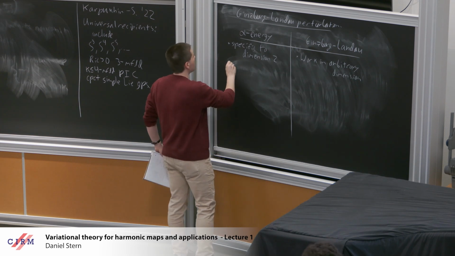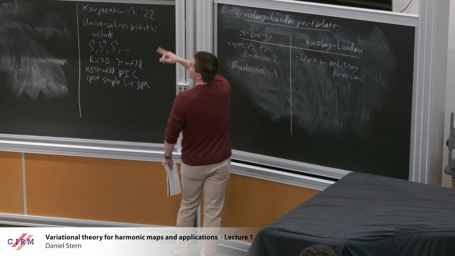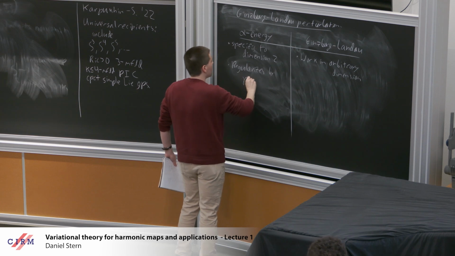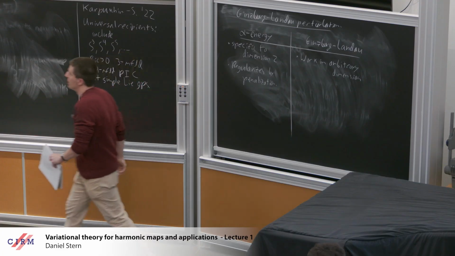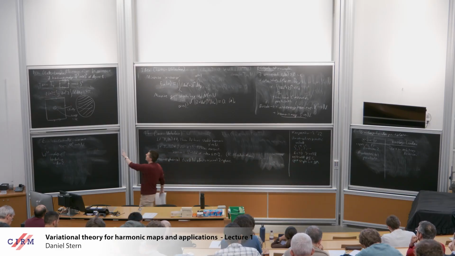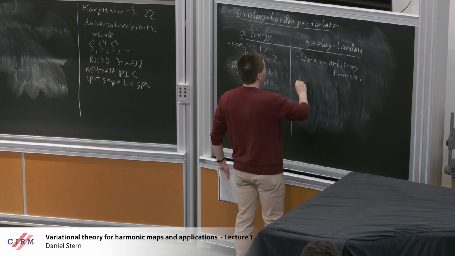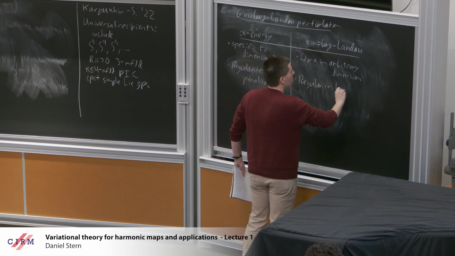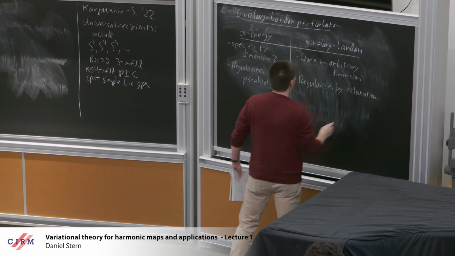So the alpha energy regularizes, it gets rid of your bad singular formation bubbling behavior, by penalization. So if you're doing some variational methods for your alpha energy, and it sees you trying to bubble, well, it punishes you by hitting you with infinite energy, and it prevents you from doing that. The Ginzburg-Landau regularizes by relaxation.